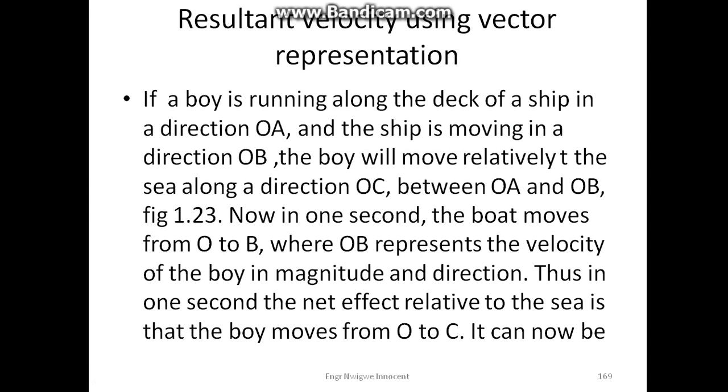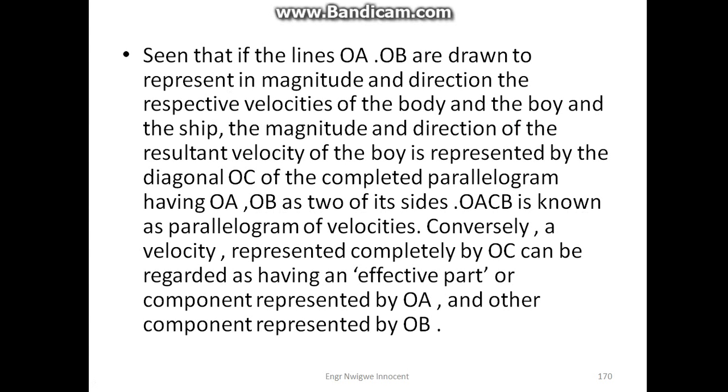from O to C. It can now be seen that if the lines OA and OB are drawn to represent in magnitude and direction the respective velocities of the boy and the ship, the magnitude and direction of the resultant velocity of the boy is represented by the diagonal OC of the completed parallelogram having OA, OB as two of its sides.